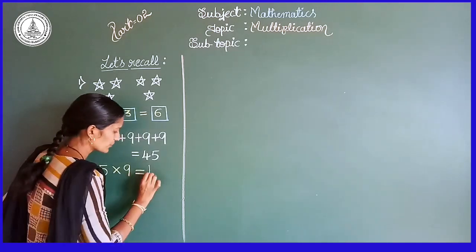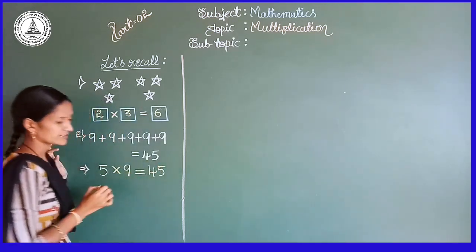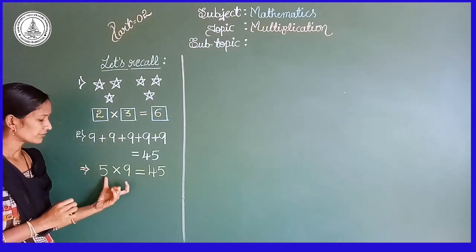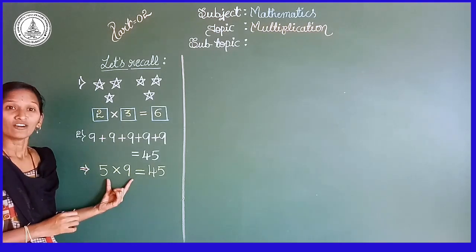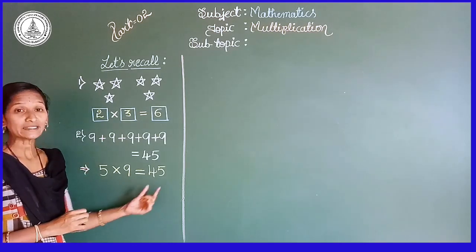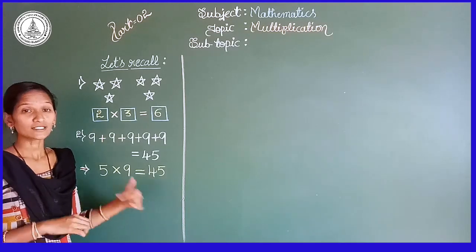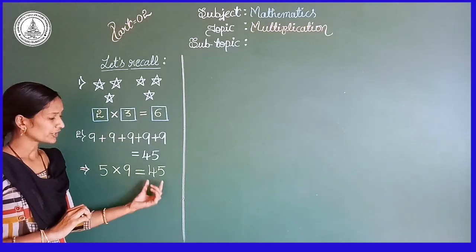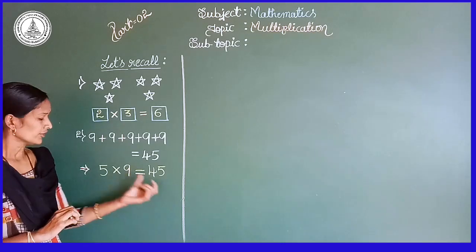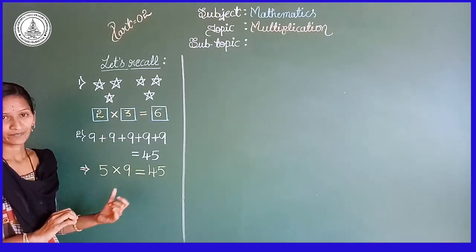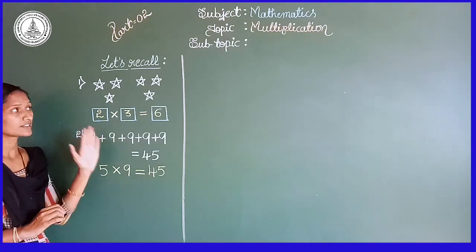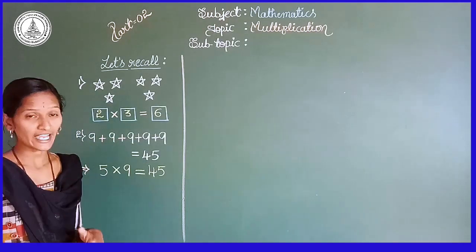Right? So 45 is the product. So here 5 and 9 are called factors and the answer in multiplication we call the product. So here 45 is the product of 5 and 9. Right? So my dear students, this is about our previous class activity.